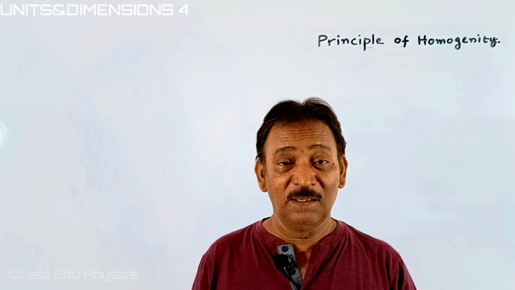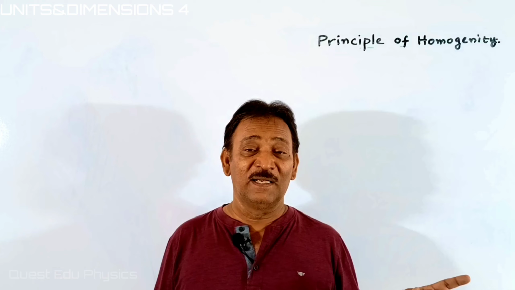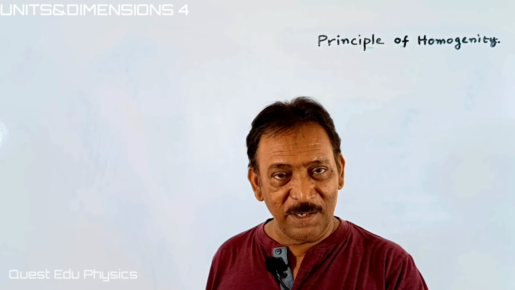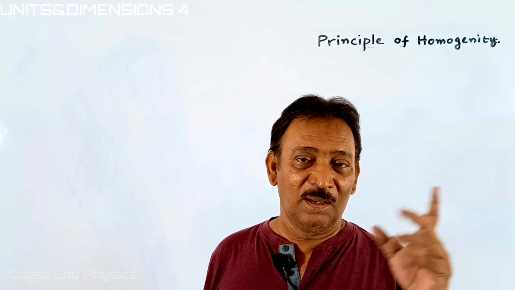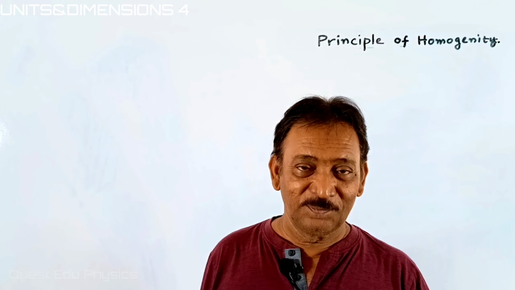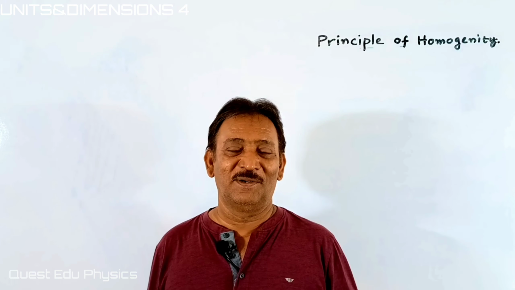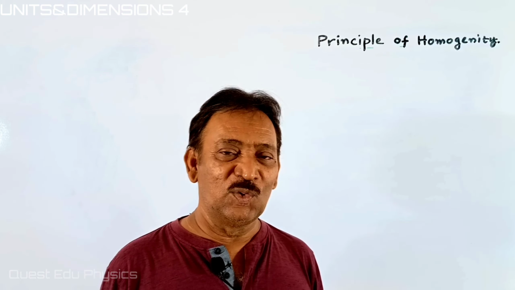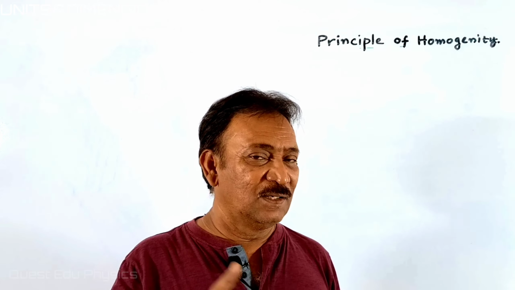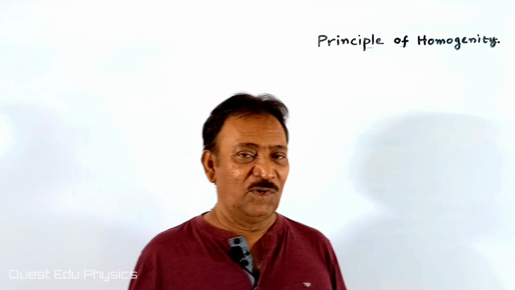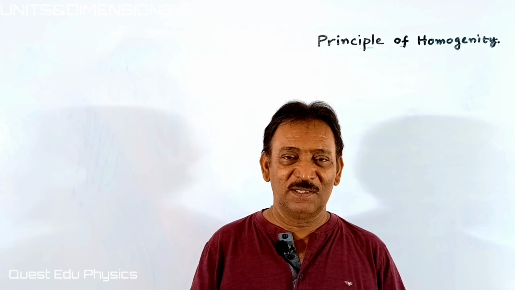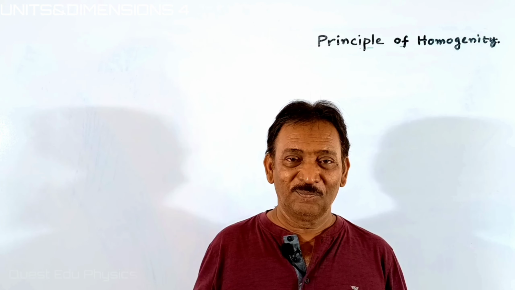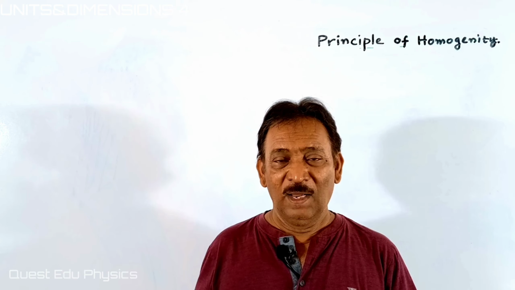There is no restriction of multiplication or division with other physical quantities. But what it is saying is, same kind of physical quantities can be added, can be subtracted, can be equated. It is known as the principle of homogeneity, students, and the condition is that different kinds of physical quantities can be multiplied or can be divided.